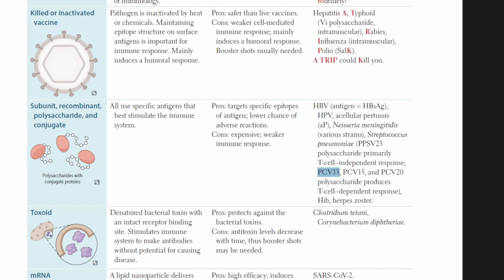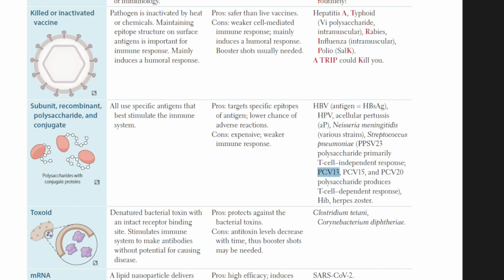It is a standard part of the vaccination schedule for infants and young children. It protects against invasive pneumococcal disease, including pneumonia, meningitis, and bloodstream infections.